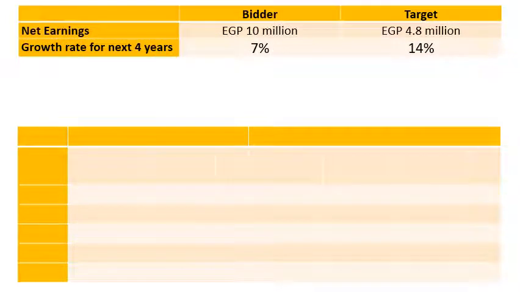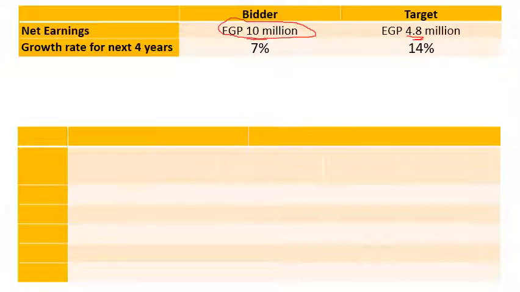We also have information about the net income expected to be achieved at the end of the current year: 10 million Egyptian pounds for the bidder company, while it is expected to be 4 million Egyptian pounds for the target company.